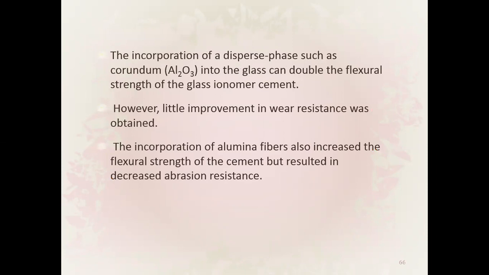The incorporation of a dispersed phase such as corundum, that is aluminum oxide, into the glass can double the flexural strength of the glass ionomer cement. However, little improvement in the wear resistance was obtained. The incorporation of alumina fibers also increased the flexural strength of the cement but resulted in decreased abrasion resistance.